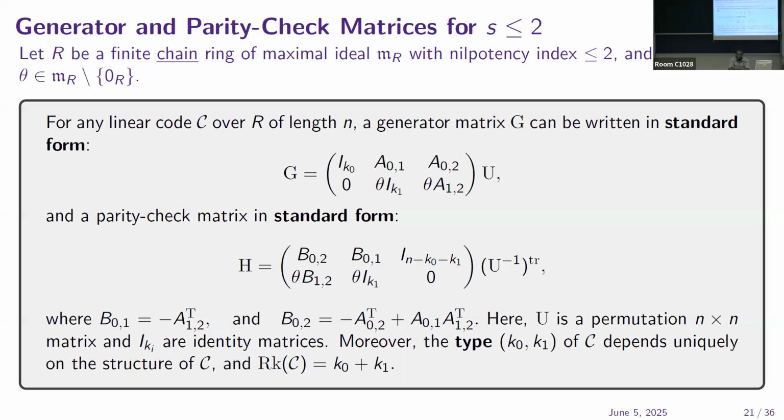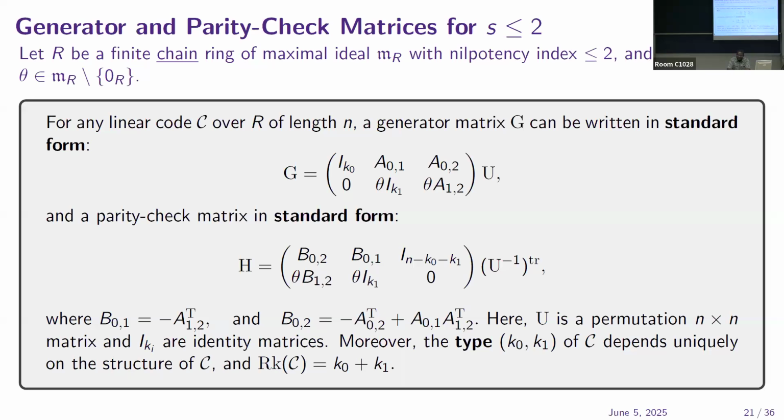Okay. When a linear code is non-free, we take the finite chain ring with nilpotency index less than 2. The generator matrix and parity check matrix can be put in this form.